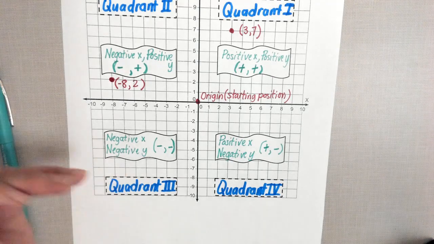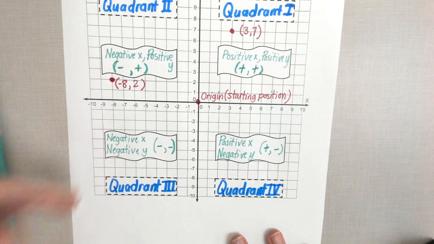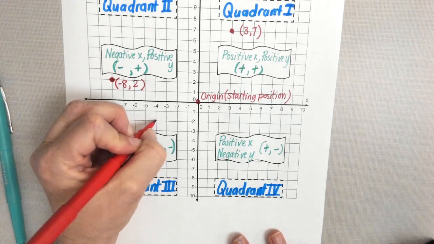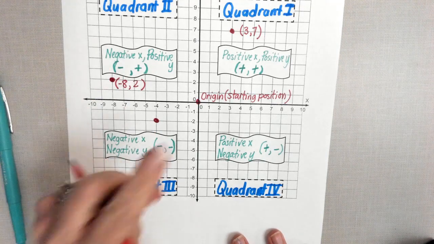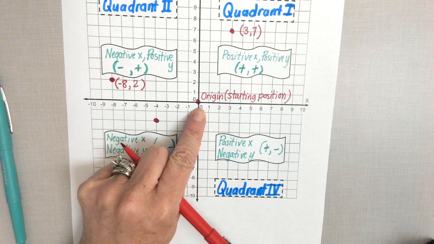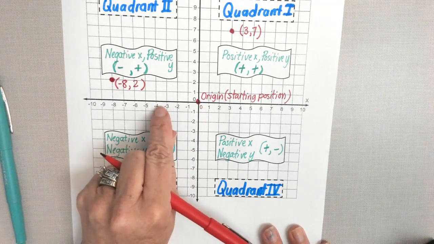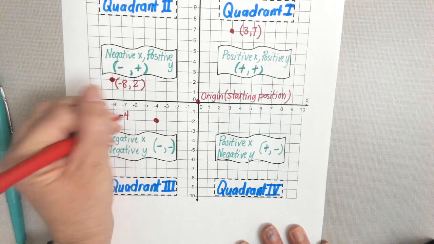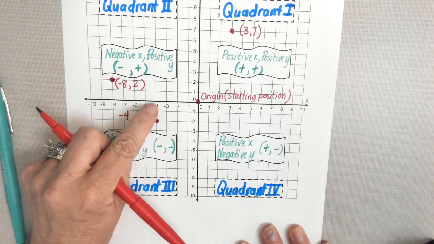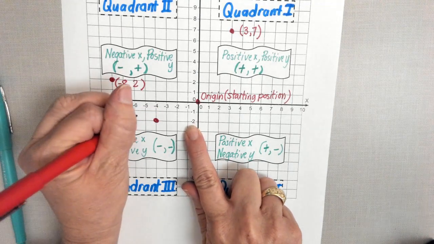If I think about a point in quadrant 3, let's just go with this one right here. So again, we start at the origin. We always travel on the x. We travel negative 4 first, negative 4. And then we're going to go down to negative 2.